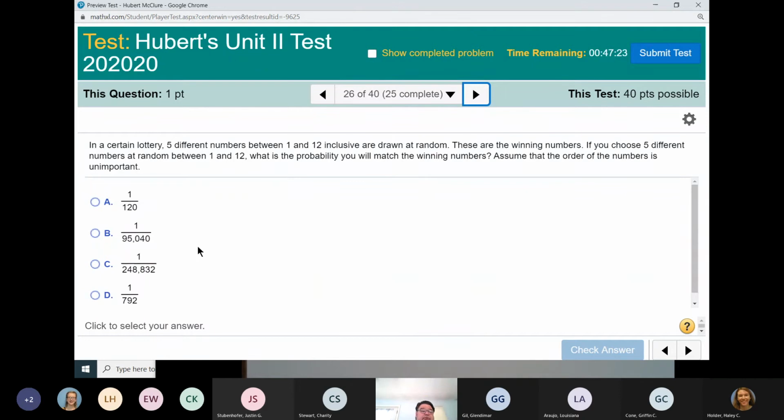Somebody do 12 combination 5 for me, please. I'll do it myself. I was getting my calculator out. 12 combination 5. I got 792. That would be delta.